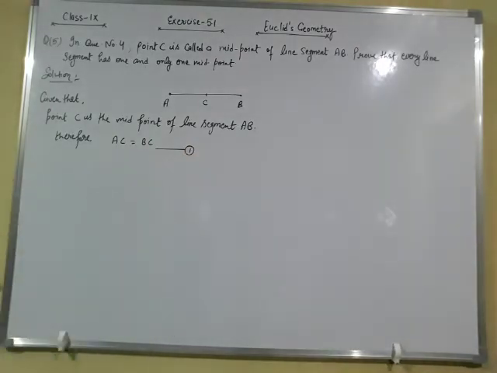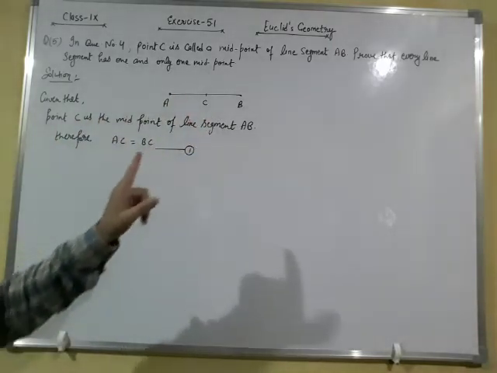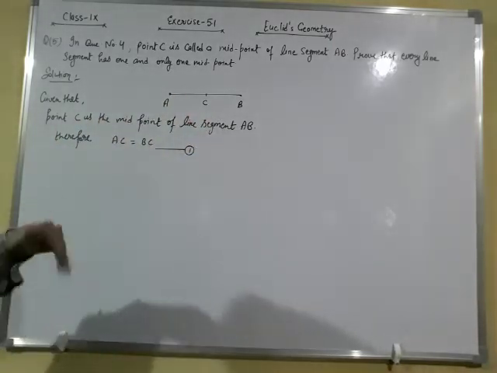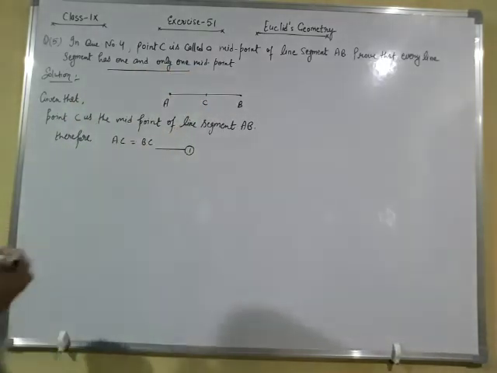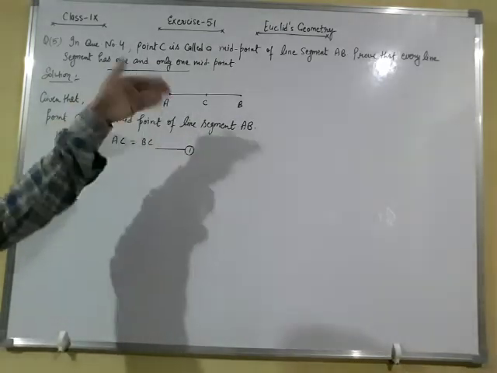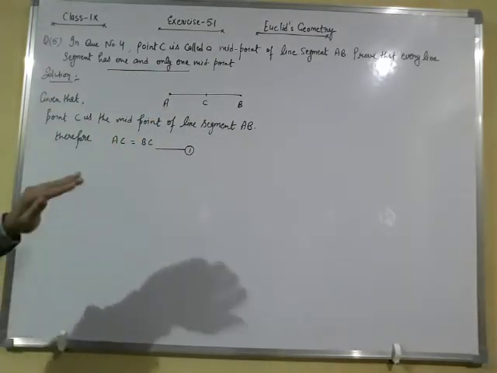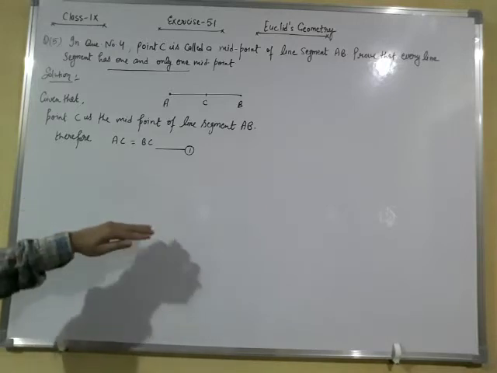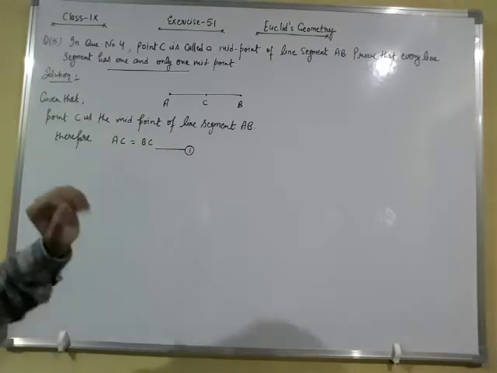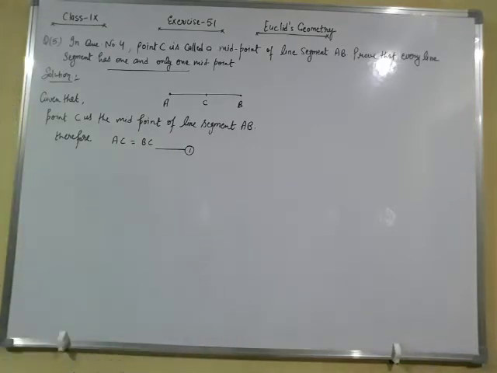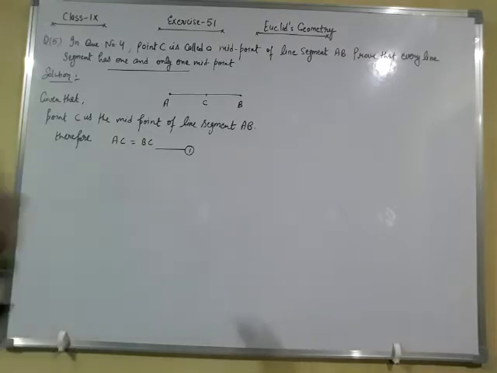Okay, we know that there can be a midpoint of any line segment, and we have to prove this, but due to one and only one, we will prove this with the help of contradiction. And contradiction means, first of all, we will think that there is no one point, there are 2 points, and then we will prove that we were wrong. Okay, so there will be only one point.